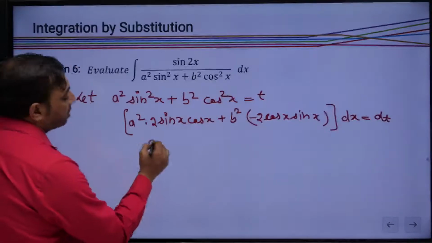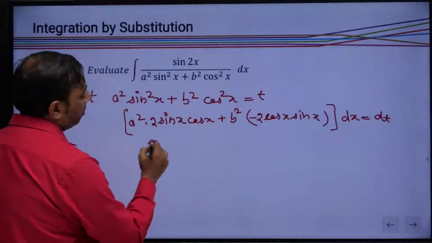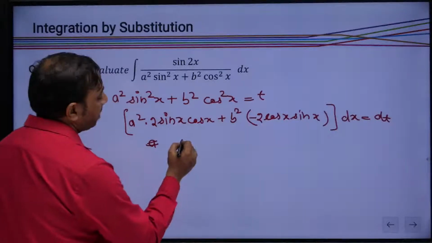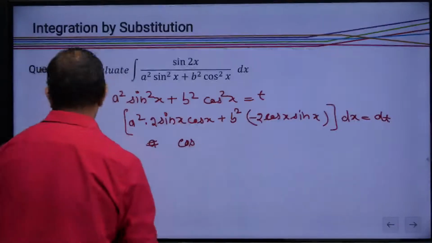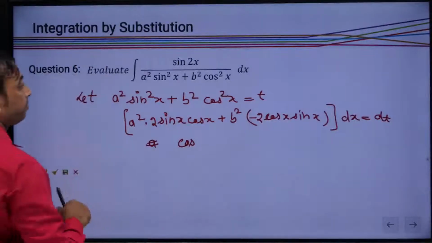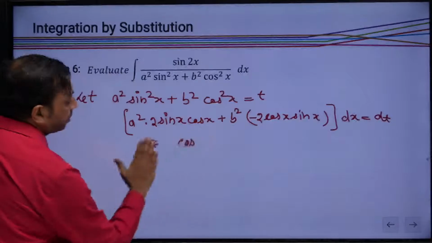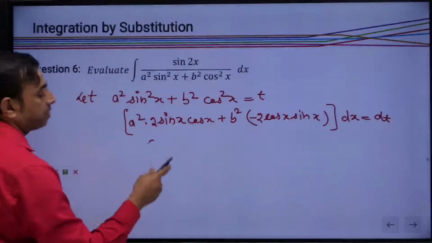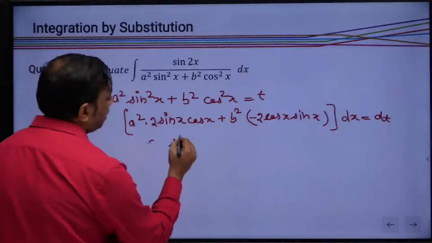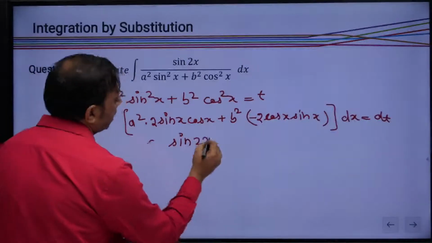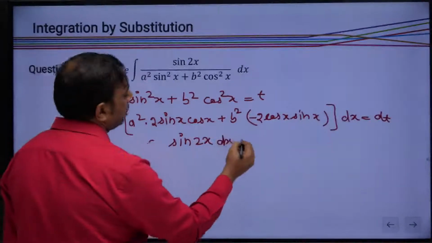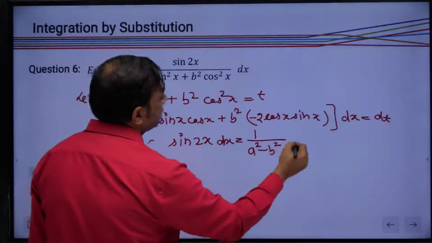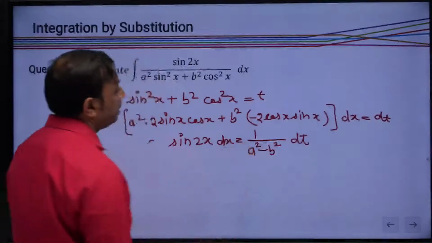Okay, now we can take 2 sin x cos x as common and we can convert them into sin 2x. So we received sin 2x dx equal 1 upon a square minus b square dt.